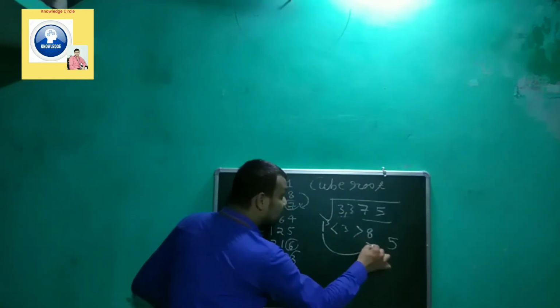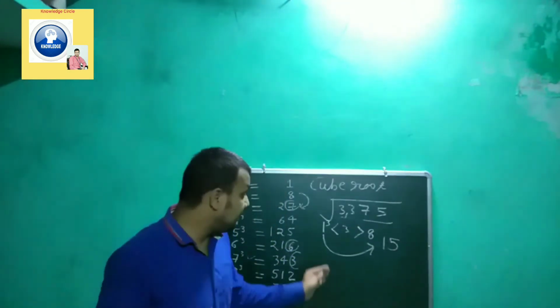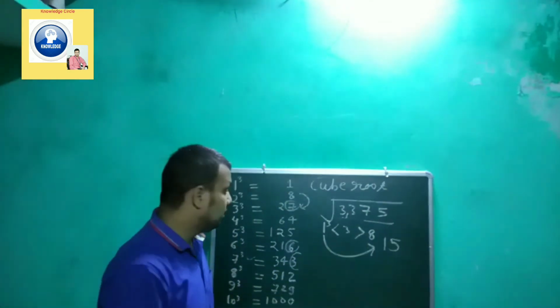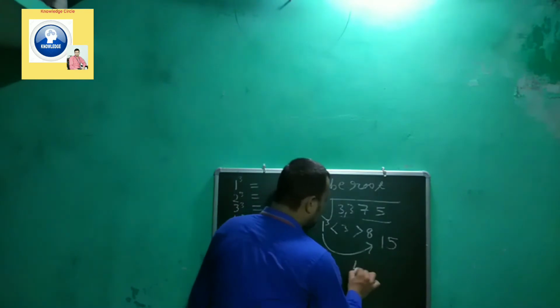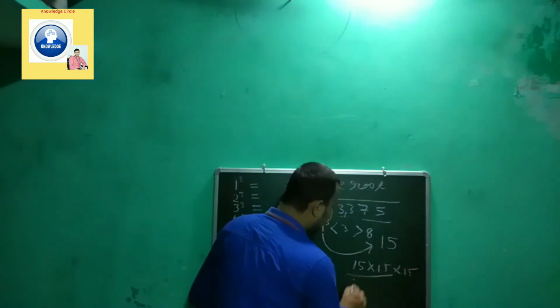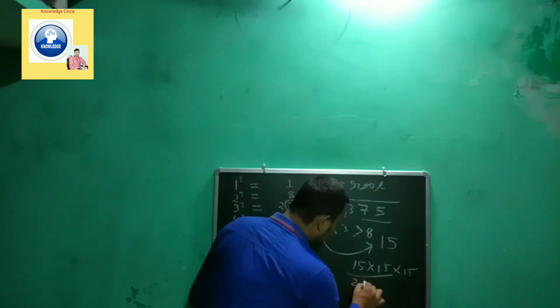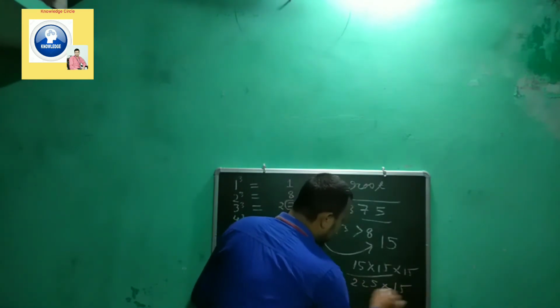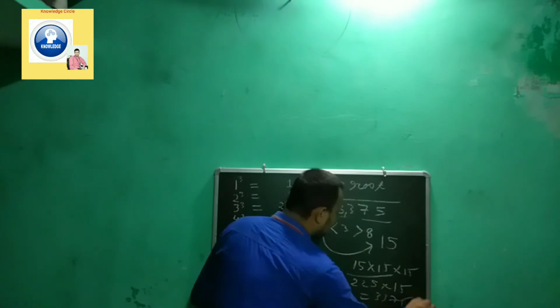So we will put the lesser value, 15. If you multiply it, 15 into 15 into 15, 15 times 15 is 225, and when we multiply it again we get 3375.